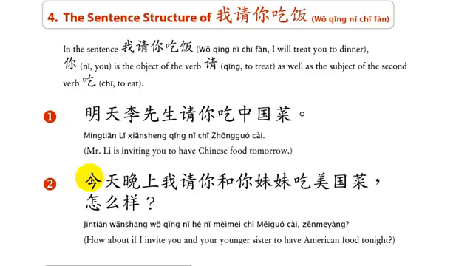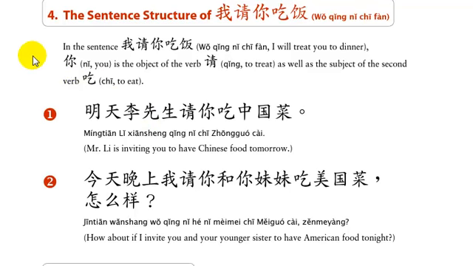Mr. Li is inviting you to have Chinese food tomorrow. Here we've got 今天晚上我请你和你妹妹吃美国菜怎么样? How about if I invite you and your younger sister to have American food tonight? So this phrase is used to invite someone to dinner or treat someone to dinner.